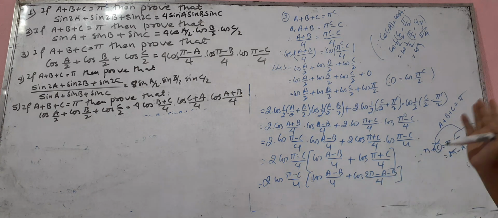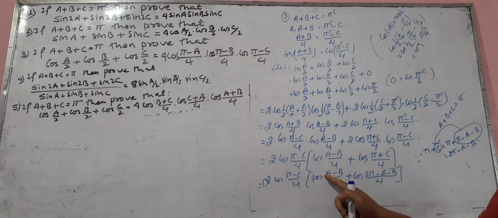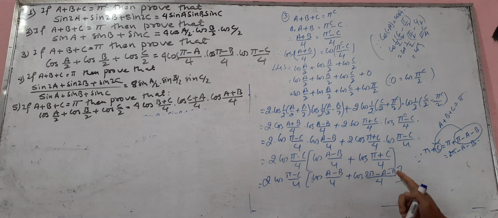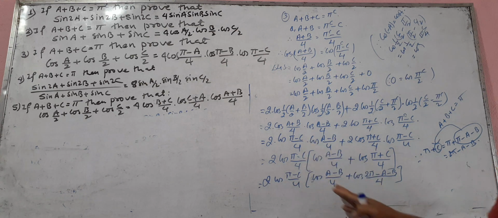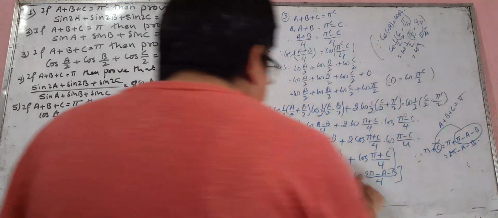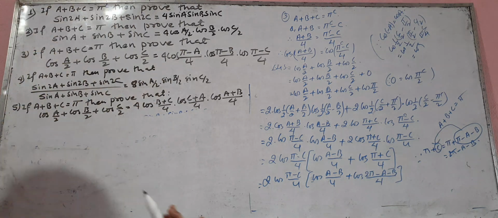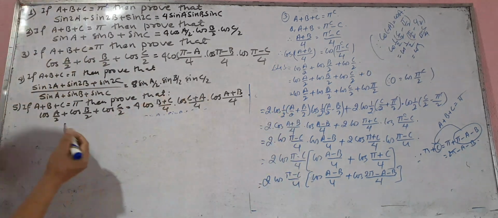Now we have only the terms containing a, b here. We have already obtained pi minus c. So now we use the same transformation formula used in this case.